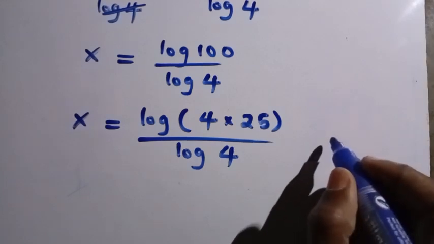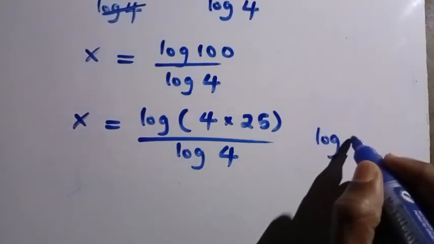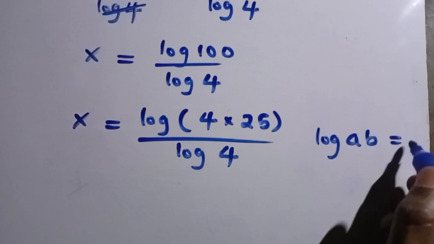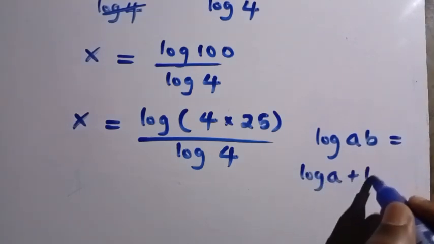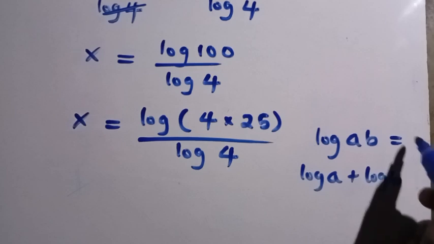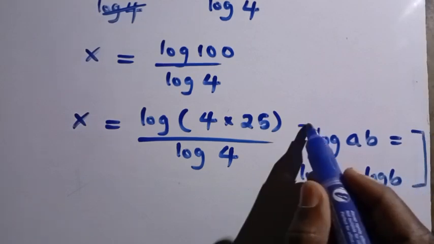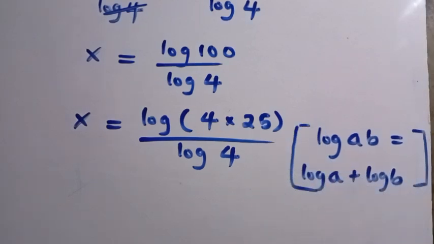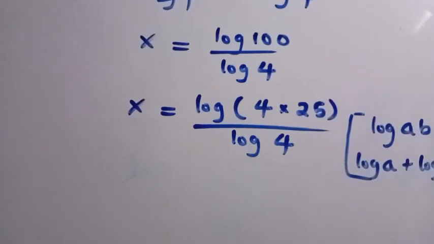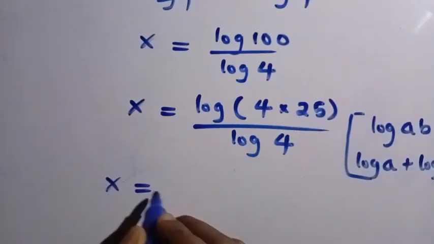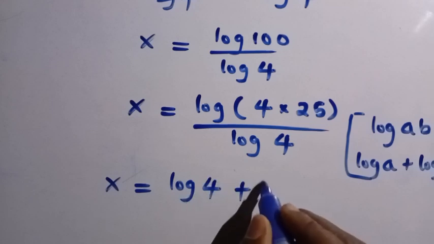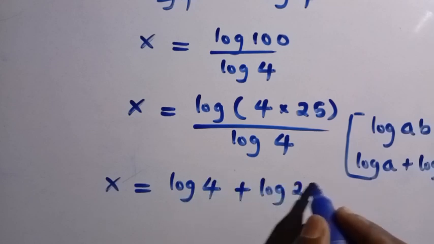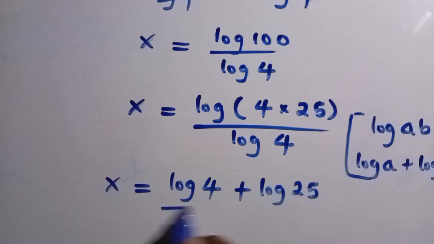So where it is in the form of log a multiplied by b, this equals log a plus log b. So we have to consider this. By applying it to this one, we have x equals log 4 plus log 25 divided by log 4.